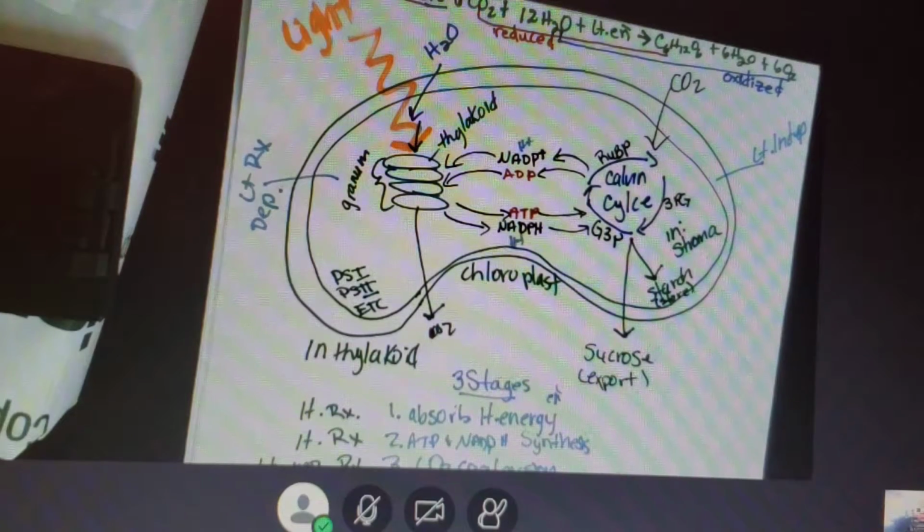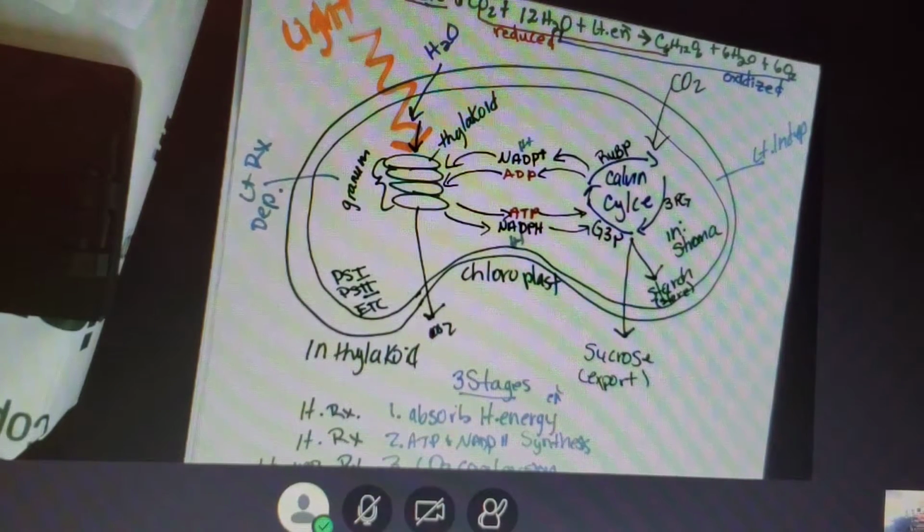NADP plus is a coenzyme. These little carriers, those are coenzymes, okay? So NADP plus, photosynthesis, NAD plus goes where? What was NAD plus? NAD was cellular respiration, right?